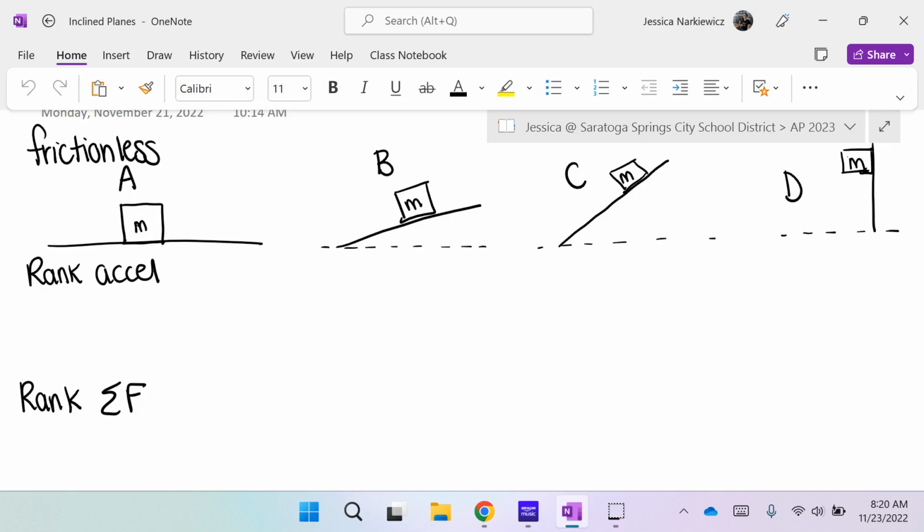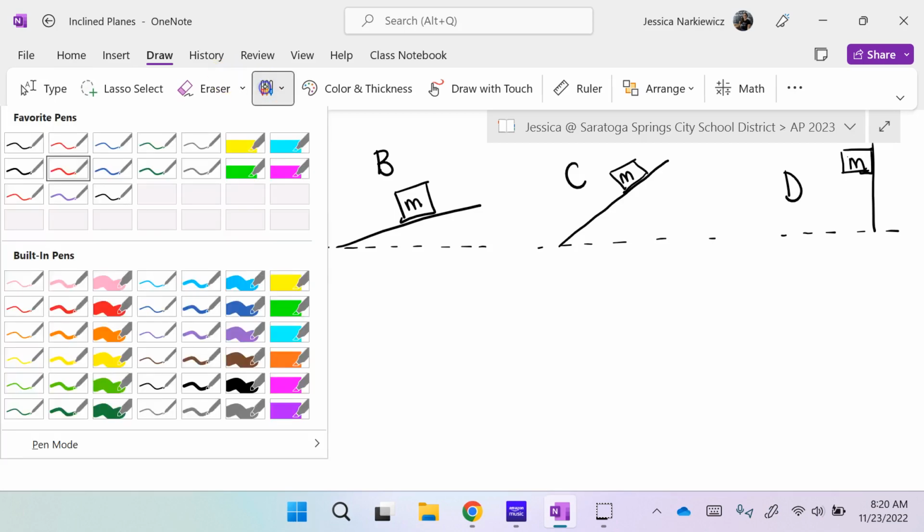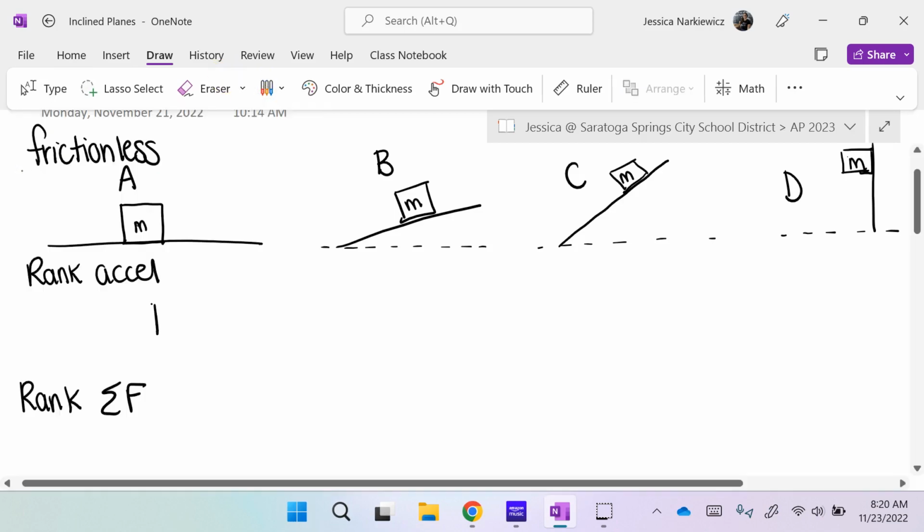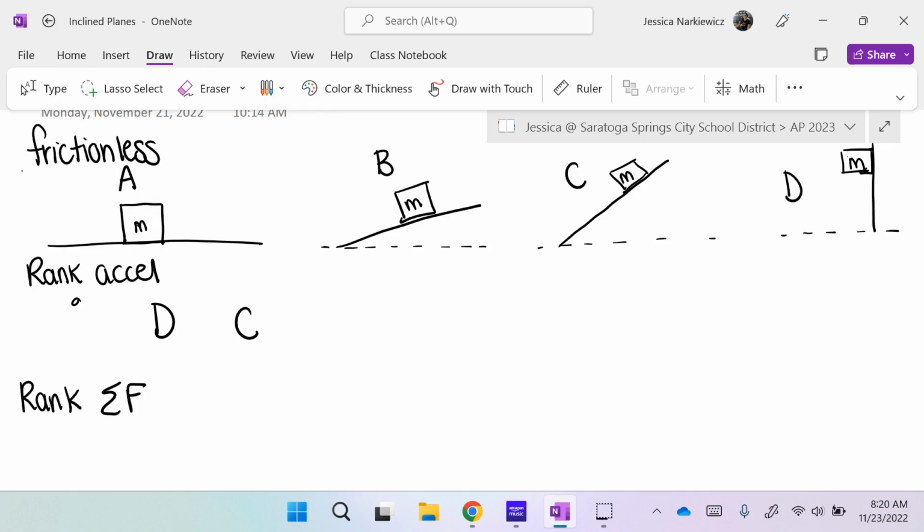So hopefully you have some rankings down. You paused the video, you did what I asked you to do. Your ranking for acceleration should look something like D, C, B, A. I should say that I'm going from greatest to least.